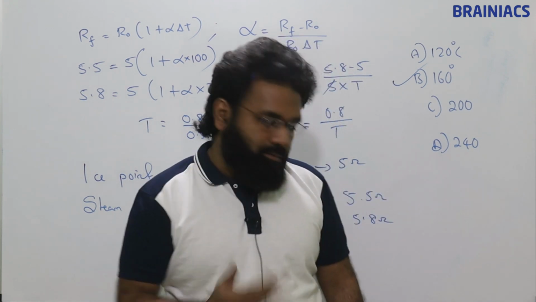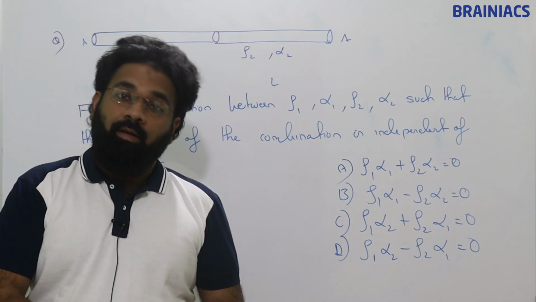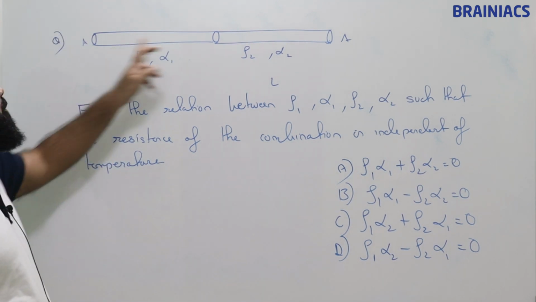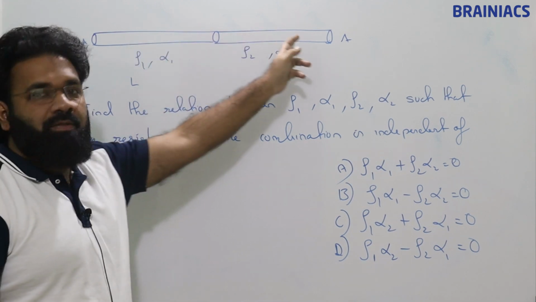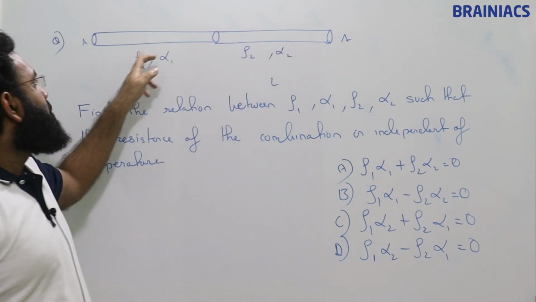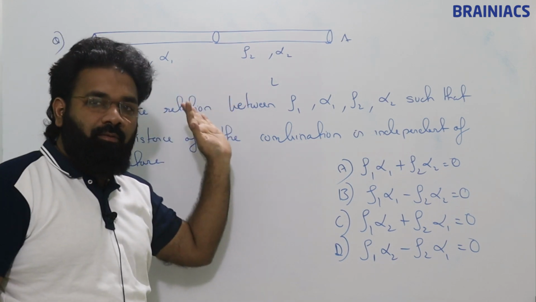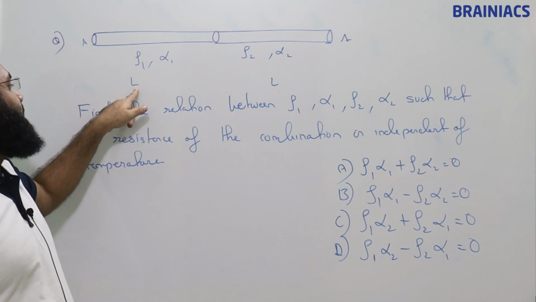You can save time. This is a classic question which has a real link with a practical scenario. See, two materials are connected. This is a single resistor, but two materials are connected like this. The length and area of cross section of both the materials are the same; the area of cross section and length L are given.